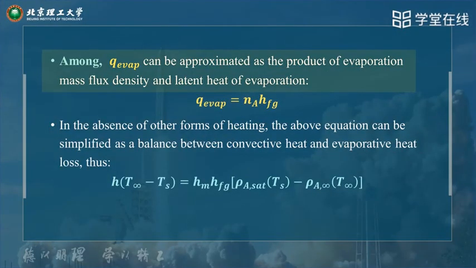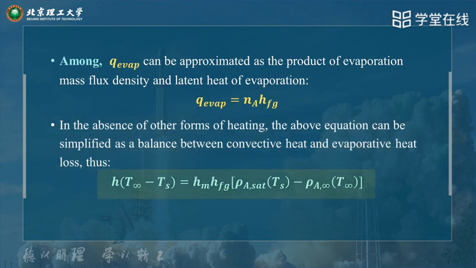Q evaporation can be approximated as the product of the evaporation mass flux density and the latent heat of evaporation. Very easy: Q evaporation equals n_A h_fg, where h_fg is the latent heat of the liquid. In the absence of other forms of heating, the above equation can be simplified as a balance between convective heat and evaporative heat loss.